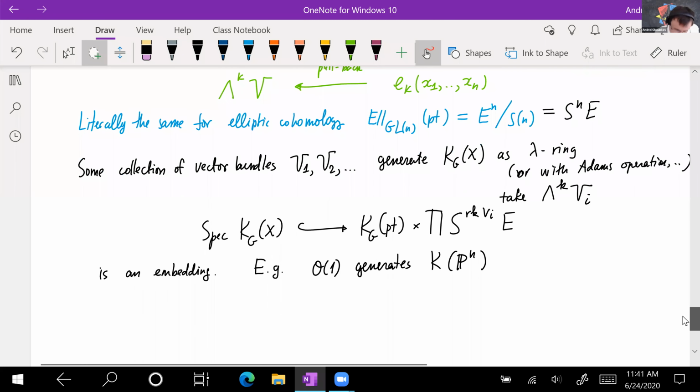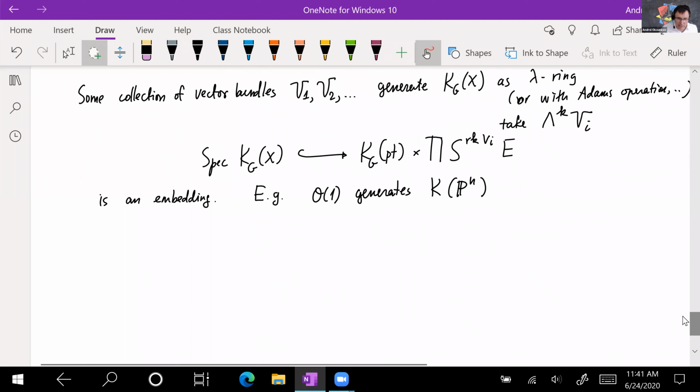There's a very general argument for that, and this has to do with what goes under the name of resolution of the diagonal.